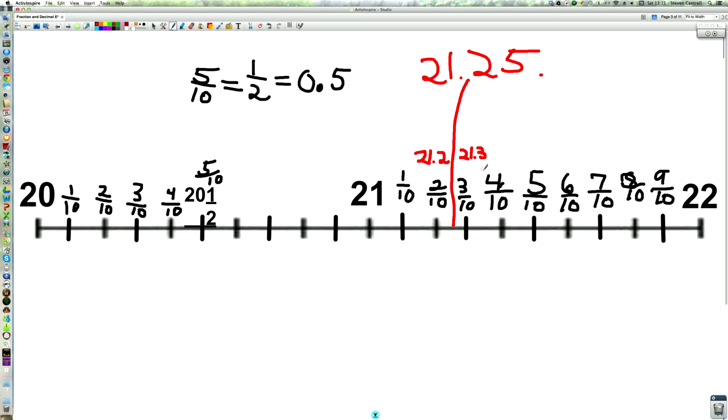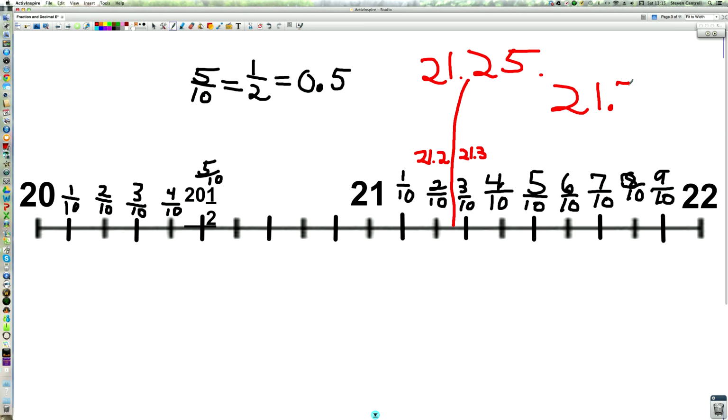Well, 3/4 is going to be almost all the way to 22, right? Because 3 out of 4 pieces is almost the whole piece of pizza. So it's going to be almost all the way over here, and it's going to be 21 point. What's 3/4 of a dollar? You have a quarter, you have 50 cents.